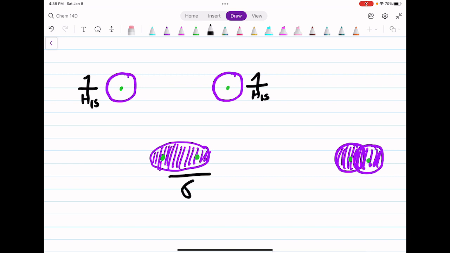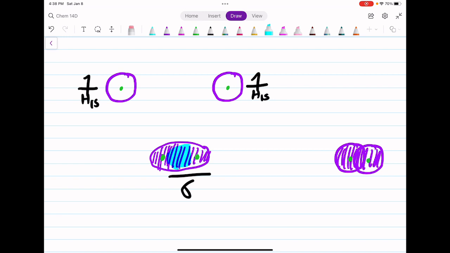Well, what you'll notice now is that where most of this electron density is, which is right in here, the probability of finding an electron there, if an electron is there, it's now not surrounded by just 1 nucleus, but by 2 nuclei. And anytime electrons are closer to the nucleus, that stabilizes them because electrons are negatively charged, the nucleus is positively charged.